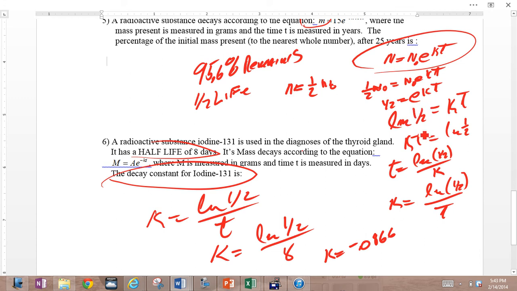Natural log of both sides allows you to solve for k in terms of t, or t in terms of k. The t being the half-life time, k being the half-life constant. T is natural log of 1/2 over k. K is natural log of 1/2 over t. There you have it, exponential decay.